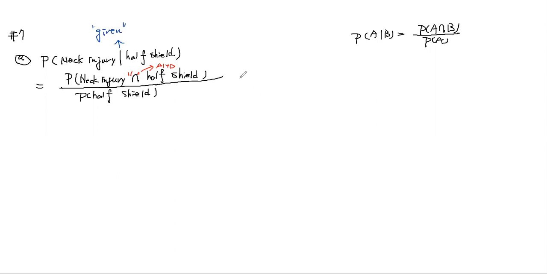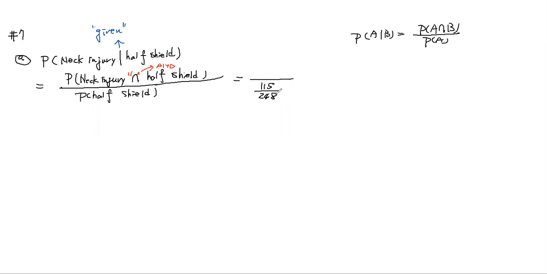Okay, so now let's take a look. If you look at the table, for the half shield, the total I have is 115 out of 248. This is the probability that a player will have a half shield.